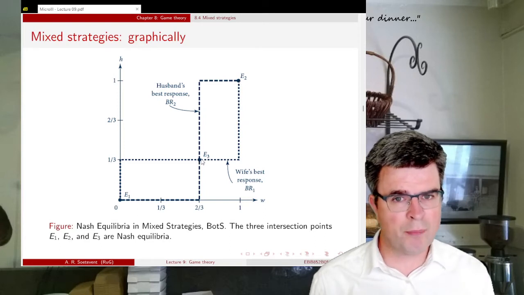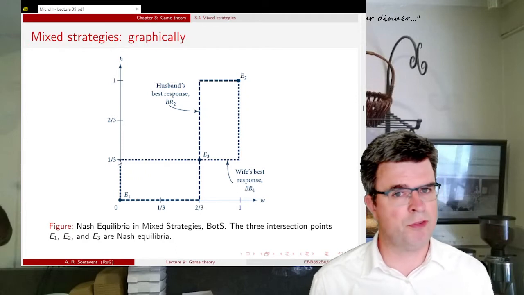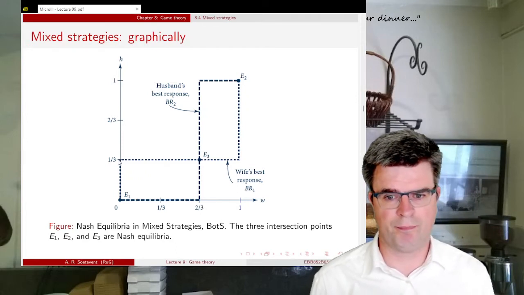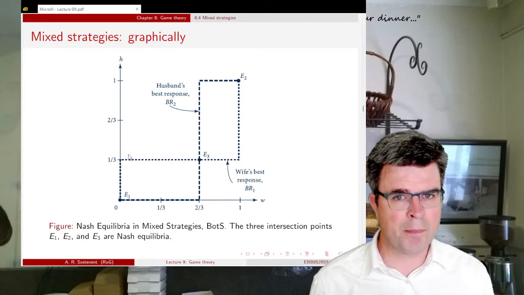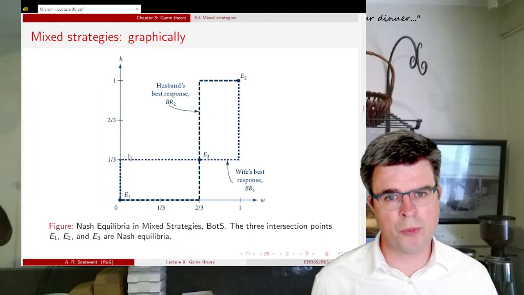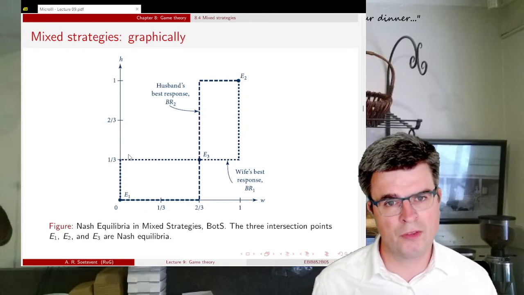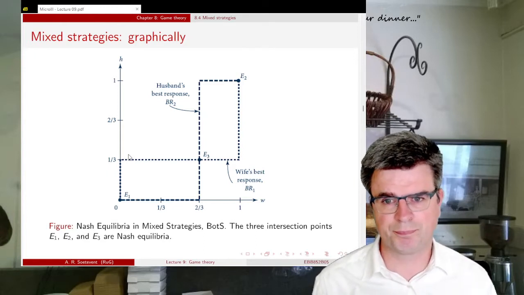And then here we have the third equilibrium in mixed strategies, where the row player chooses Italy with probability 2/3 and the column player with probability 1/3. So finding the Nash equilibria by looking at the points where the best response functions intersect also works with a situation where we look for mixed strategy equilibria.